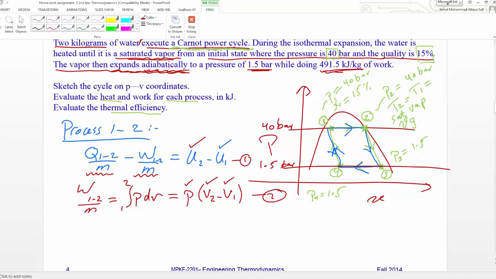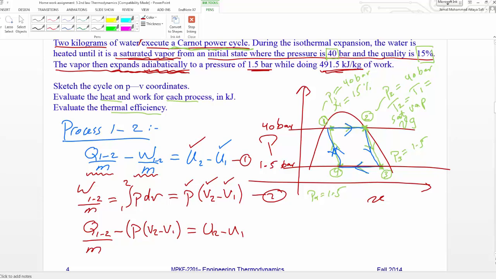We can even, this is one way, if we combine 1 and 2, which means that if I say q1 to 2 minus p times (v2 minus v1), that's equal to u2 minus u1.